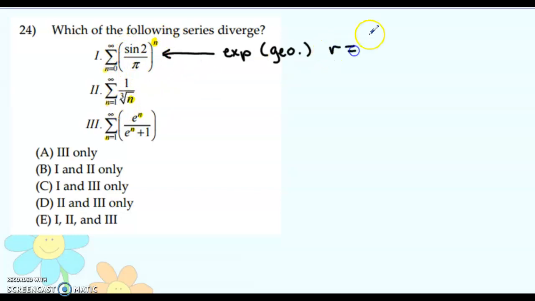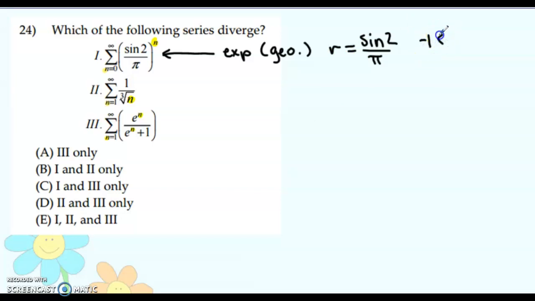So our r value is equal to the sine of 2 over pi. And I don't quite know what the sine of 2 is off the top of my head. I know the sine of 3.14, I know the sine of pi halves, but the sine of 2 is kind of hanging out there in between, but I know what it's bound between.